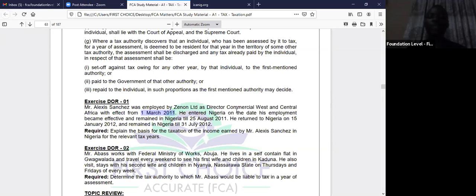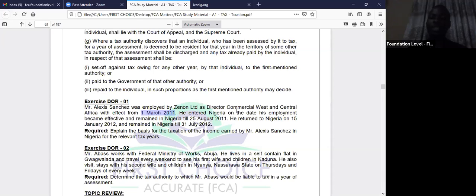He also visits and stays with his second wife and children in Nyanya, Nasarawa State, on Thursdays and Fridays. That means another 2 days out of 7 days. So 4 days out of 7 days, he is not staying in Abuja. Either he's in Kaduna or he's in Nasarawa. That means 4 days he's out, 3 days he lives in Abuja.